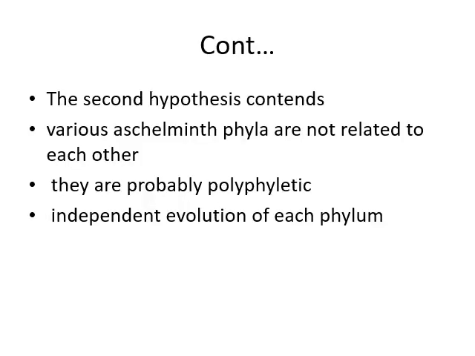The second hypothesis is that the various Aschelminth phyla are not related to each other, so they are polyphyletic. They originated from different ancestors, or have independent evolution of each phylum. There is convergent evolution.